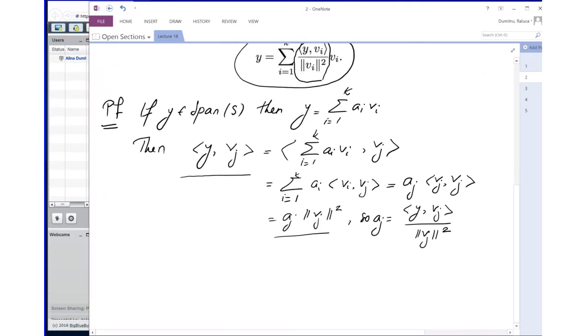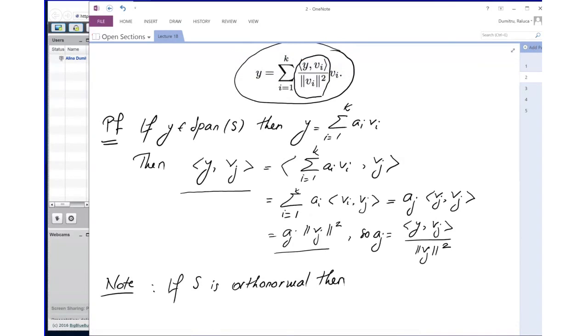Okay, so the set was just orthogonal. If S was orthonormal in the theorem above, then things are even nicer.